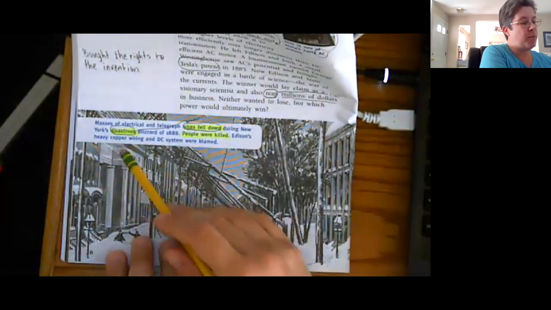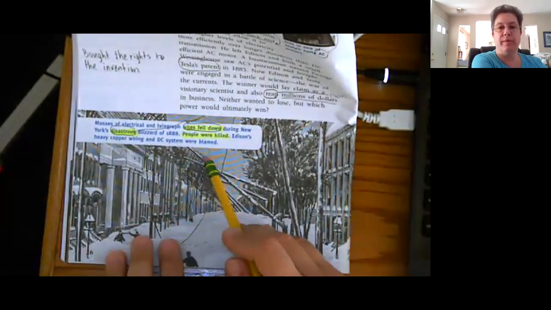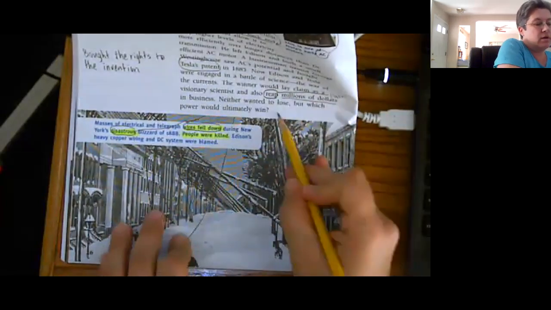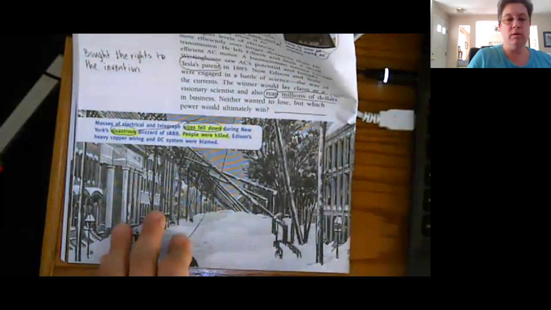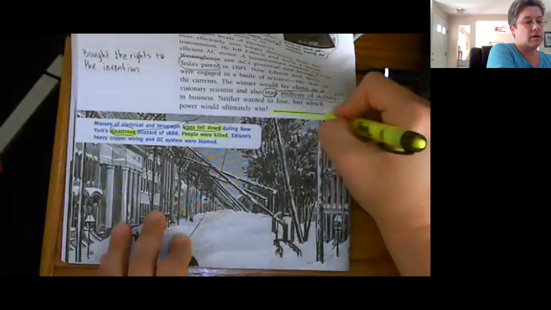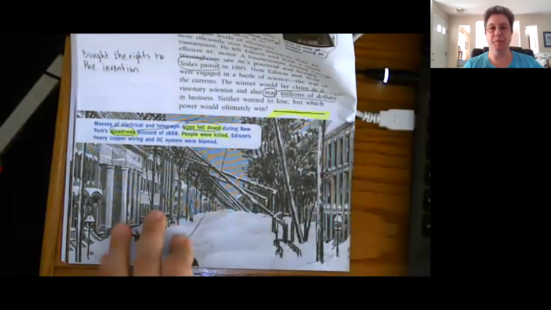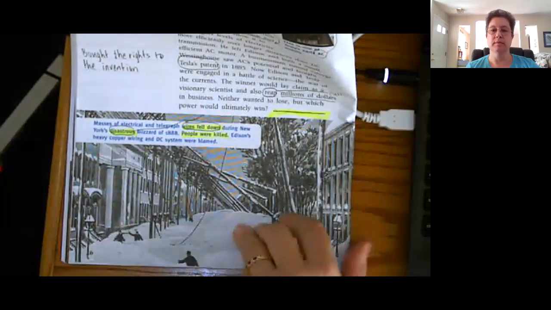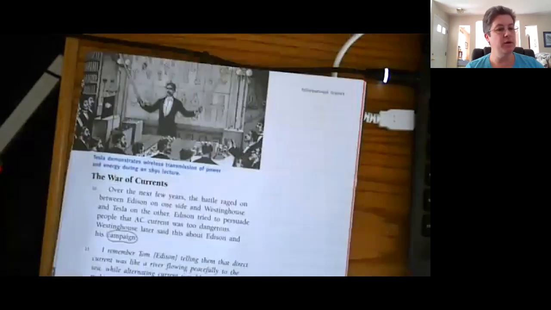Edison's heavy copper wiring and DC system were blamed. So right now, please write right here so I can ask you later, whose power will ultimately win? So fill it in there. Edison or Tesla? Okay, flip it over and let's continue.